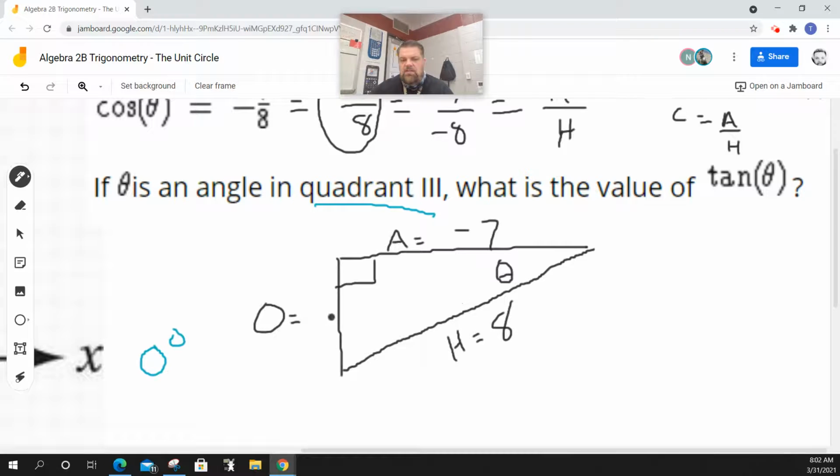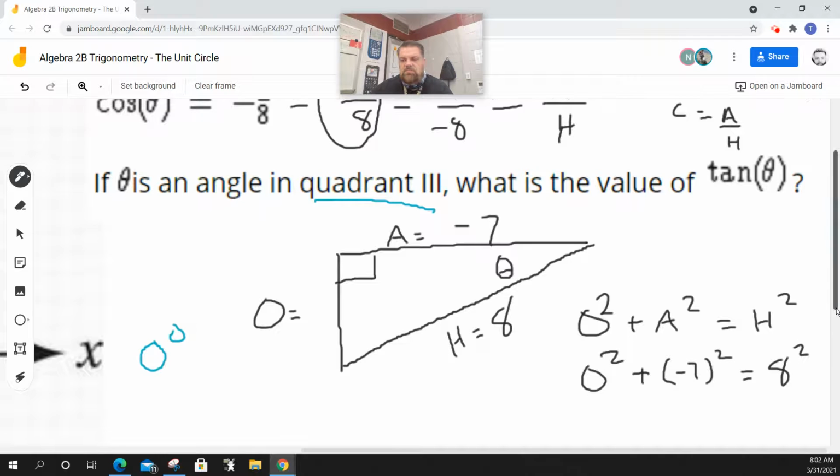Now to find the opposite, we're going to use the Pythagorean Theorem. The opposite squared plus the adjacent squared equals the hypotenuse squared. So the opposite squared plus -7 squared is equal to 8 squared.